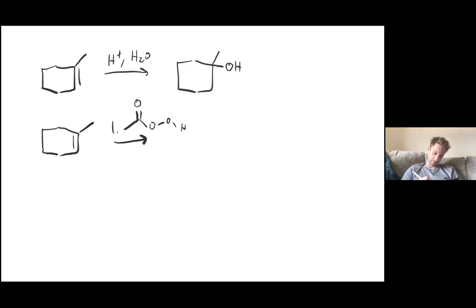So a carboxylic acid would be here. Peroxide would be something like 2 oxygen bonds together. Peroxy acid can be a combination, so you're going to have your carbonyl. You're going to have an oxygen here, second oxygen, H. This is called a peroxy acid.